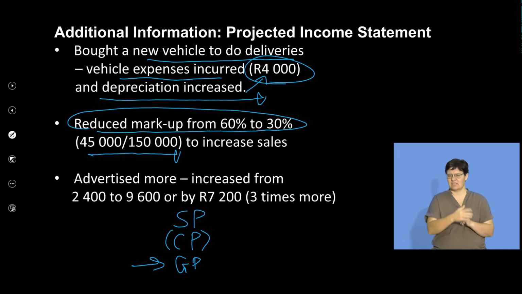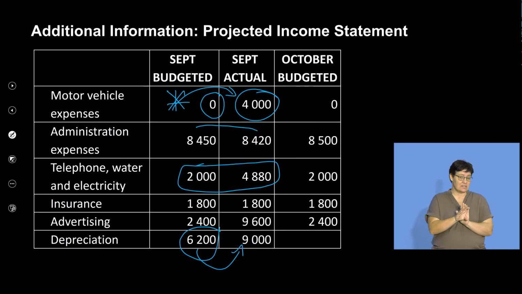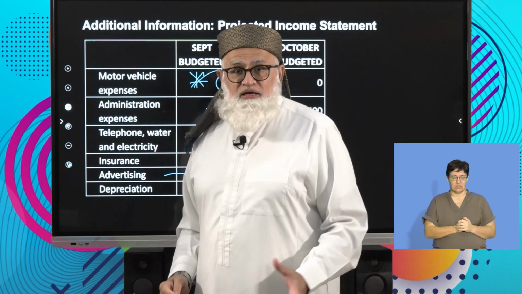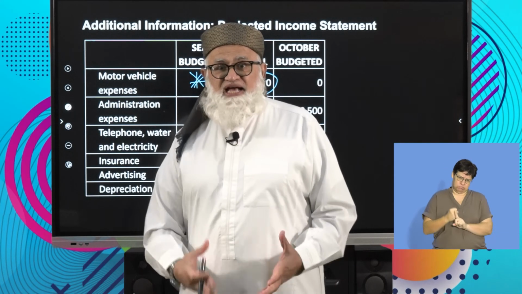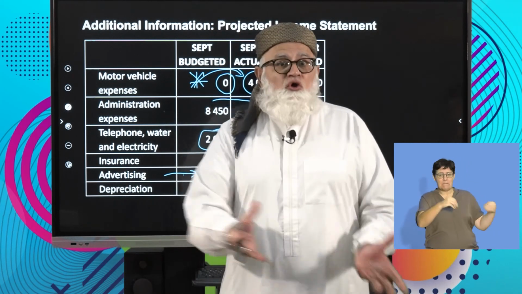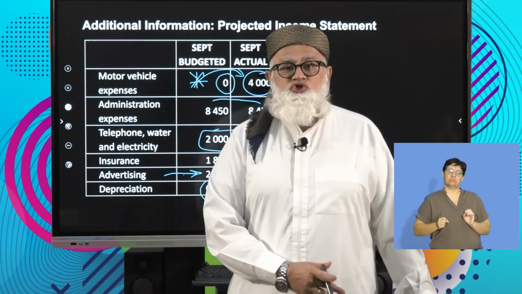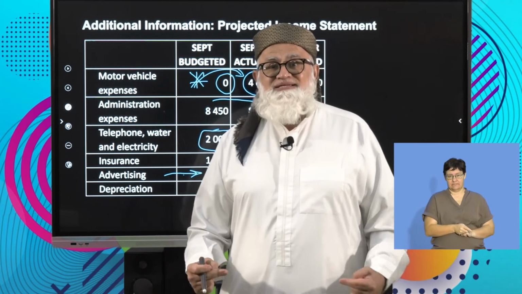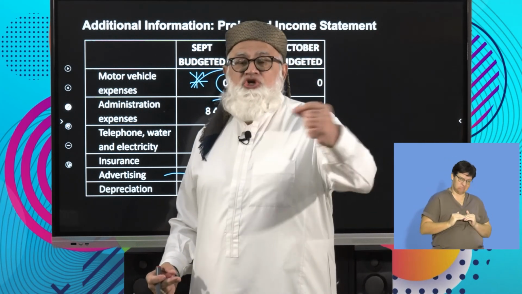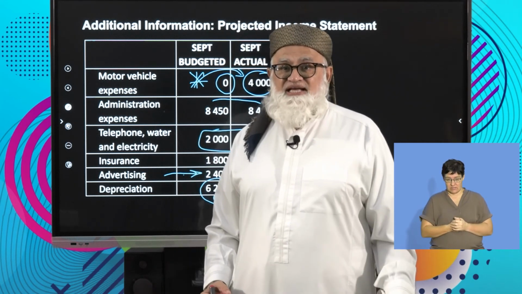What about advertising? Let's look at advertising. You budgeted 2,400, but you actually spent 9,600. So clearly there was an aggressive advertising campaign because of the competitor. You now had competition, and because of this competition, it has resulted in a substantial increase in your advertising.